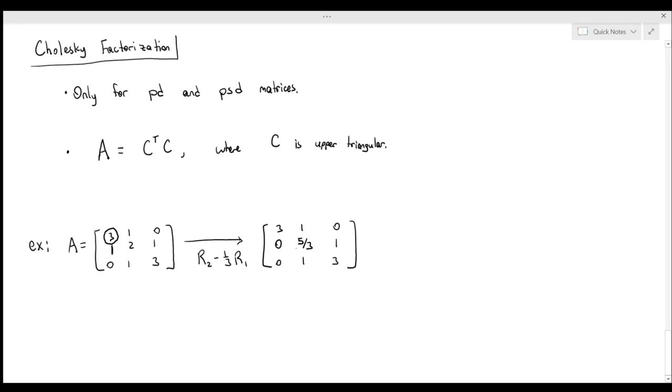So next I have to use 5/3 as my pivot to eliminate the 1 beneath it. So let's do row 3 minus 3/5 of row 2.